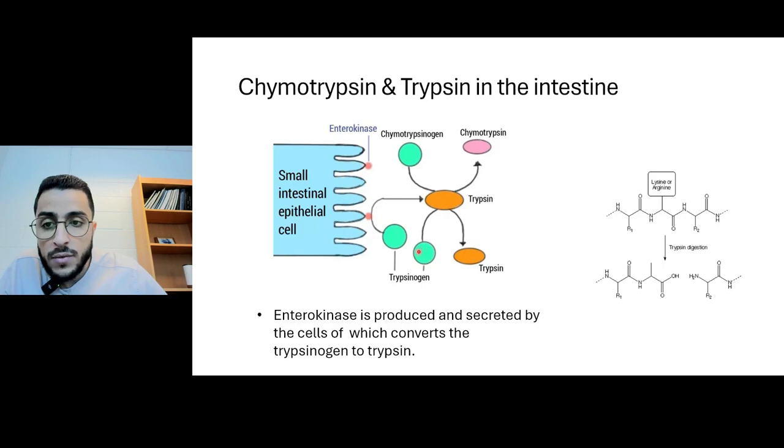It gets activated by a kinase on the surface of the villus of the small intestine, the enterocytes, which will activate trypsinogen and transform it into the active enzyme trypsin. Now trypsin, as its levels increase in the intestine, will activate chymotrypsinogen by breaking down part of it, which makes it inactive, to transform it into chymotrypsin.